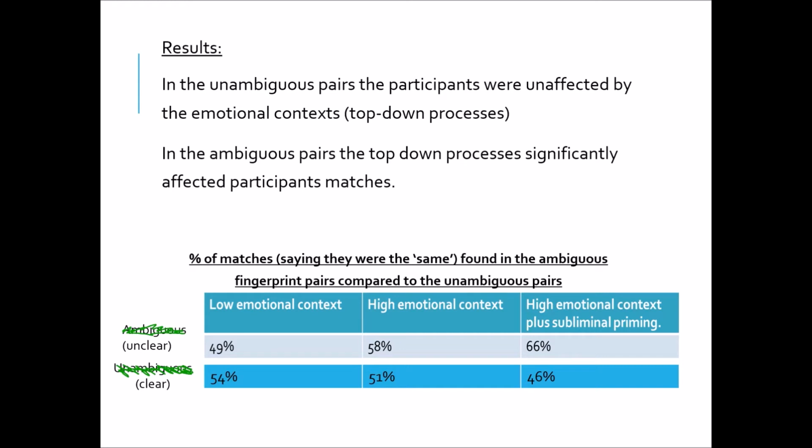So where the emotional context is high, in the ambiguous images, then we are more likely to make those matches even where it is false.